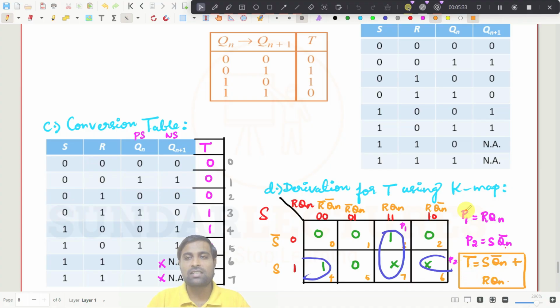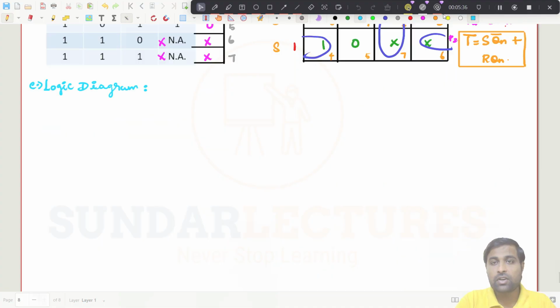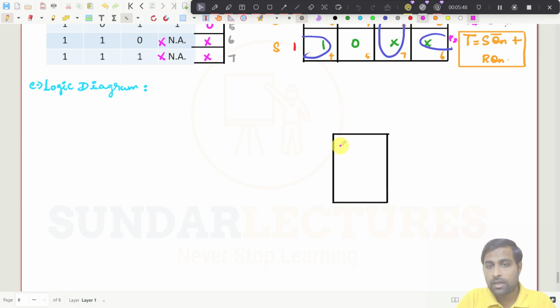You have to draw the logic diagram, right? So for drawing the logic diagram, what is the flip flop you have? You have T flip flop, right? Now you are having T flip flop with you. So this is T, and then this is QN, and this is QN bar.